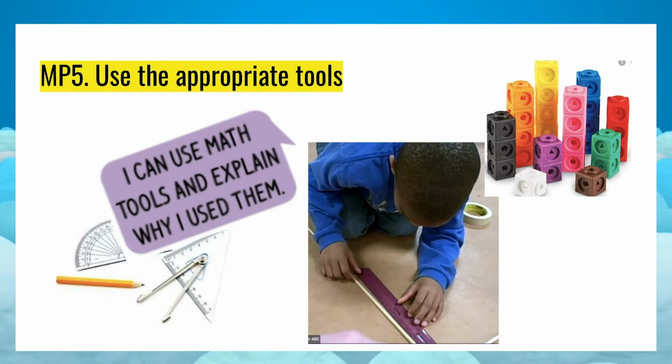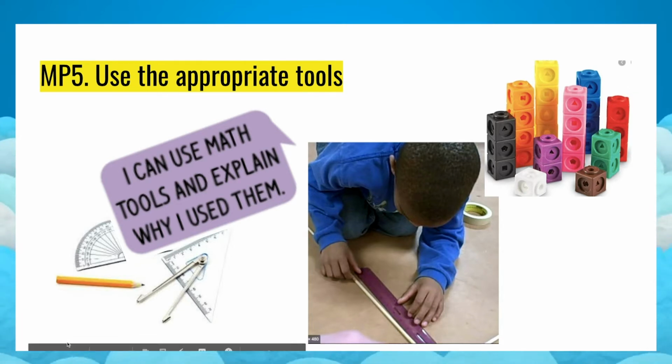So use appropriate tools means that you can use tools to explain why you use them. So for instance, if you need to calculate the perimeter of your backyard, you'd probably use a yardstick. You wouldn't necessarily use a ruler because it would be too small.